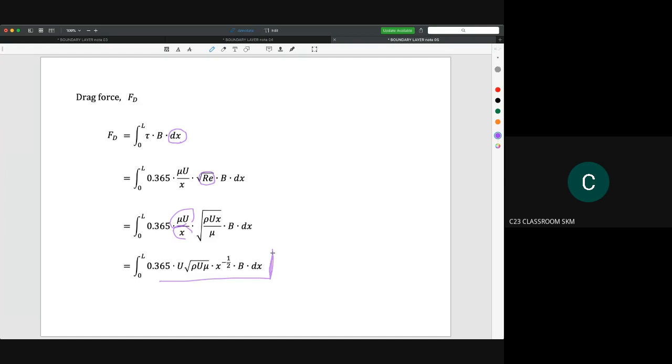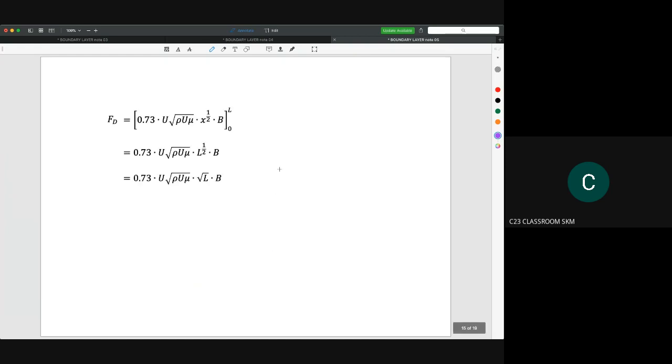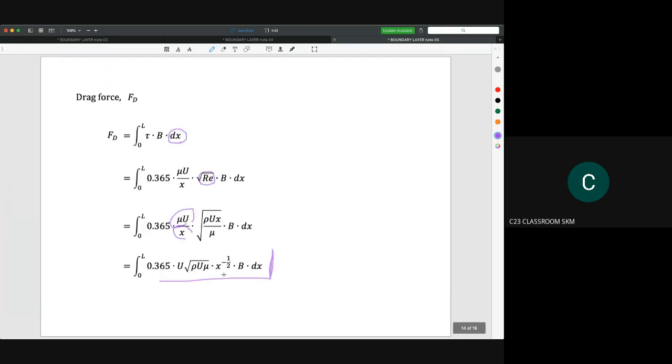This is very straightforward. We have x here, so we need to integrate it with respect to dx. Actually you are only integrating x to the power of -1/2, because the other terms are not related to dx.